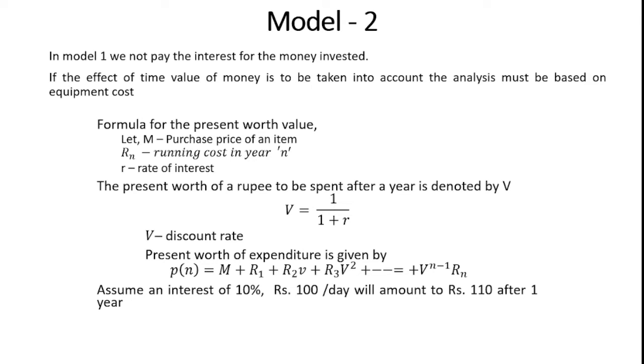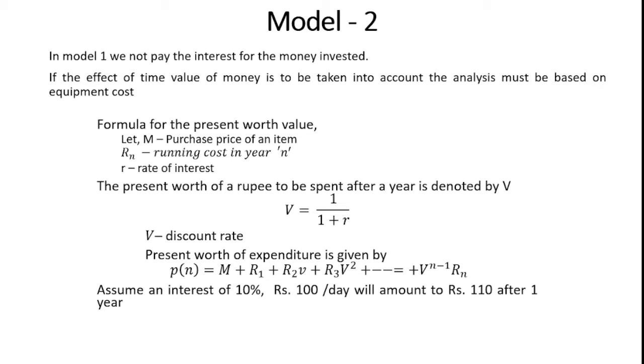In this formula, there are a lot of terms. Capital M means the purchase price of an equipment or item. Capital Rn is called the running cost in year n. R1 means running cost in year 1, and R2 means running cost in year 2.